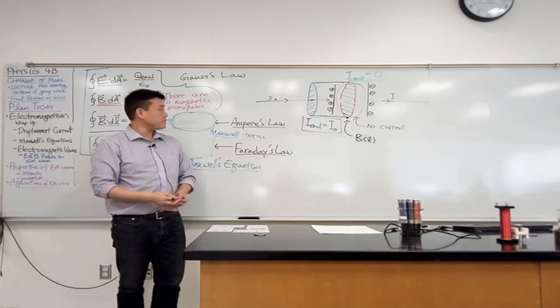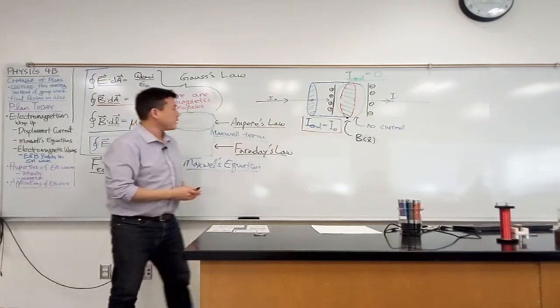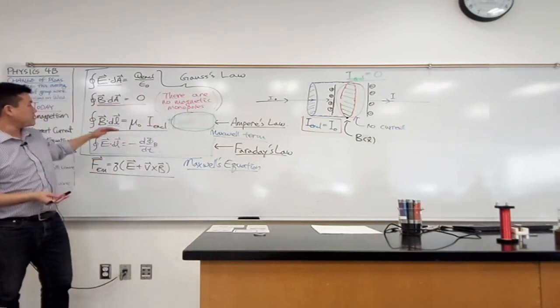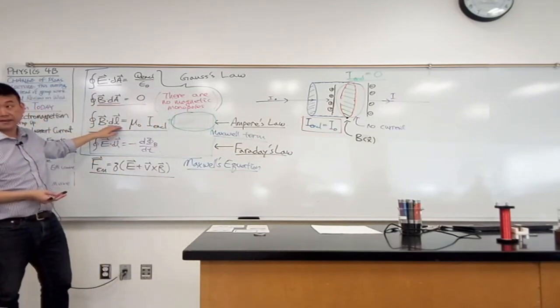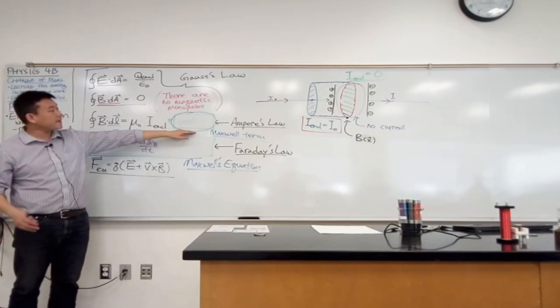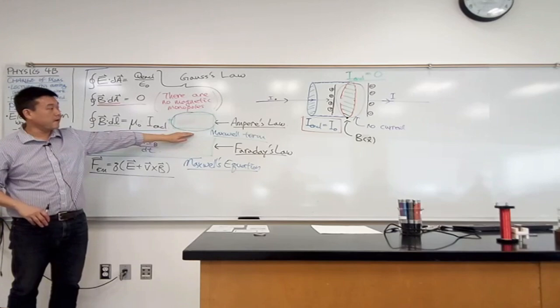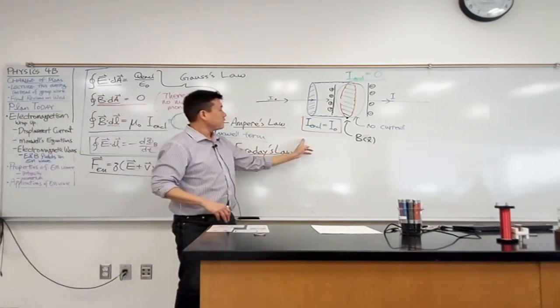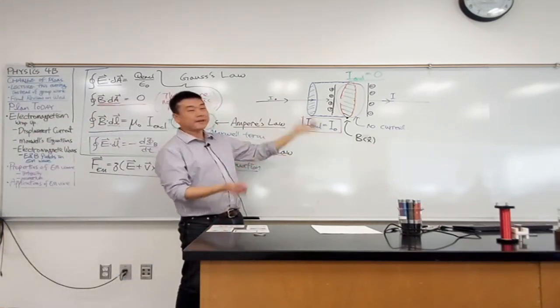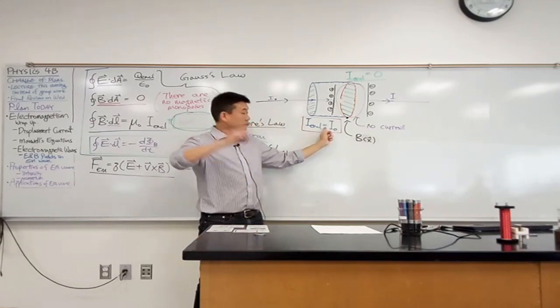So by saying that this is the correct result, we are saying that somehow this form of Ampere's law is lacking. It's missing a term. And now we are going to try to guess at what this term must be, so that if we calculate the magnetic field using this, we would get the same answer.